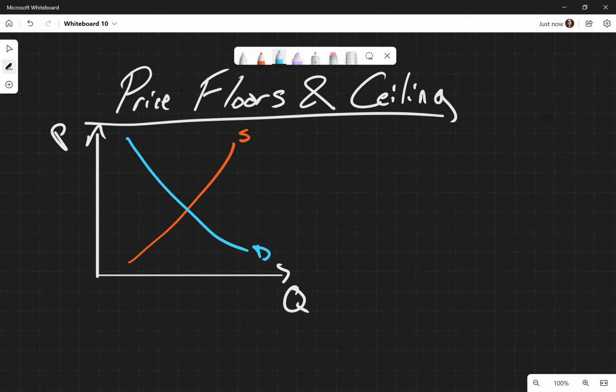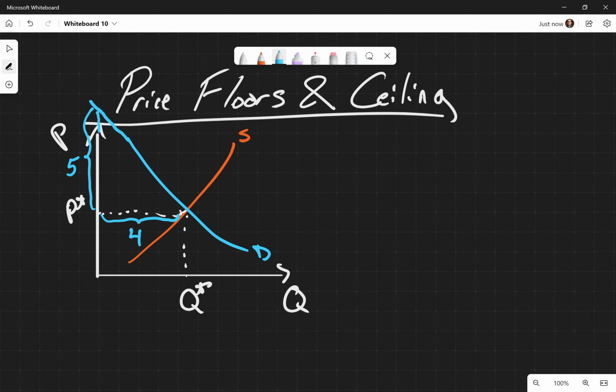Let's go ahead and label our equilibrium. P star, Q star. And our consumer surplus is any point underneath this line that is above the price. So we can actually calculate it here because I've got graph paper. This is going to be a triangle that is 1, 2, 3, 4, 5 units deep, and 1, 2, 3, 4 units wide, right?